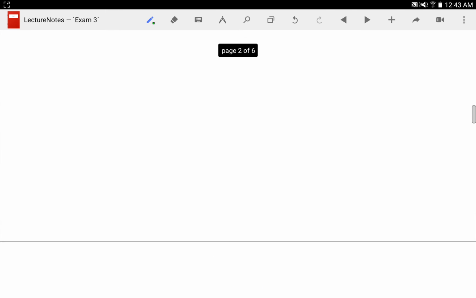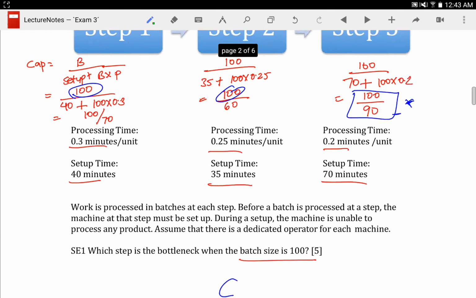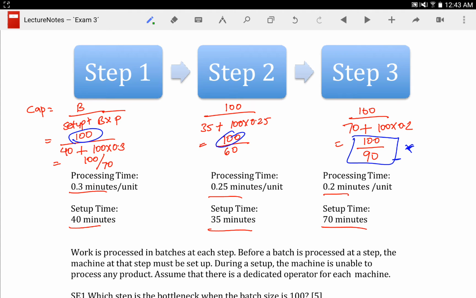But the idea here is that by the time you do it the first time, you can develop the intuition that no matter what the batch size is, step 2 is never going to be the bottleneck when step 1 is there. Because remember, look at this, the setup time in step 1 is bigger than in step 2.